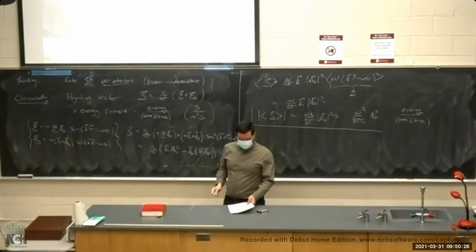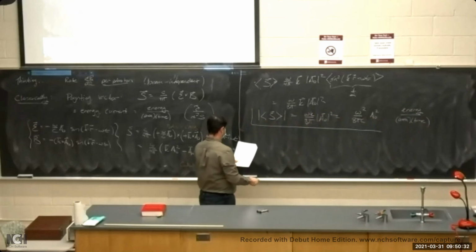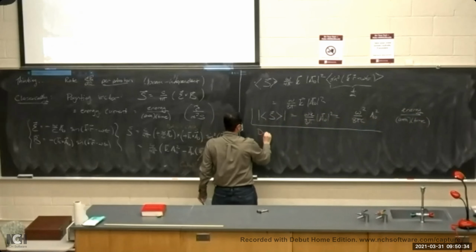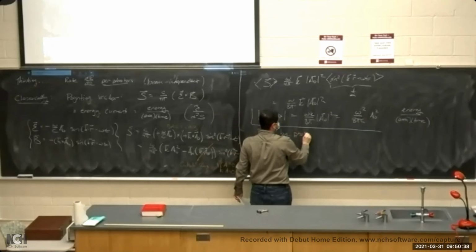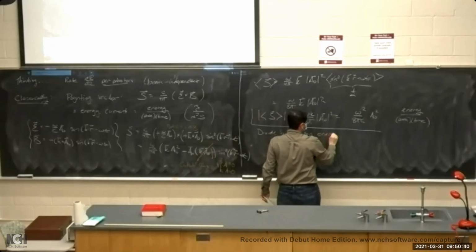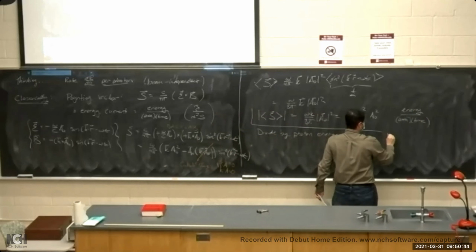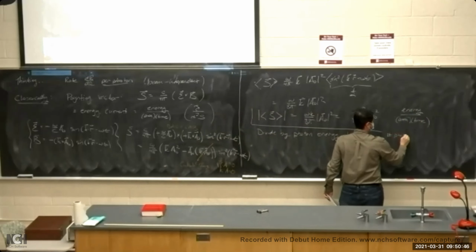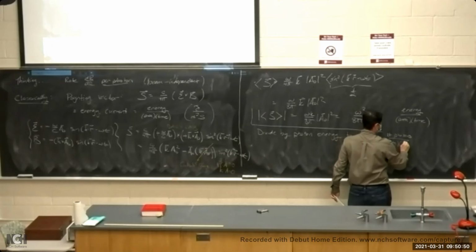I can convert that to a number density or a number current of photons. So divide by the photon energy to get the number of photons per unit area per unit time.